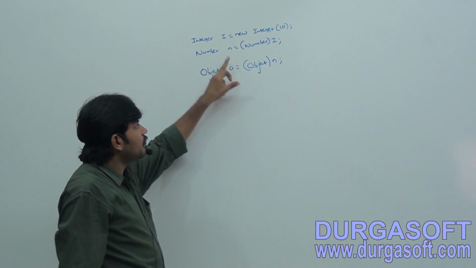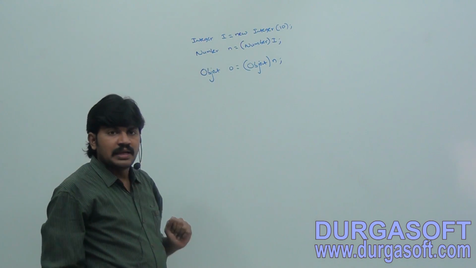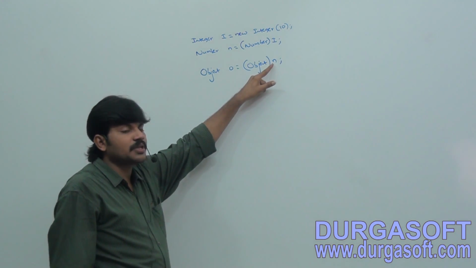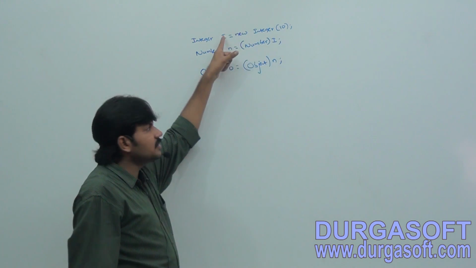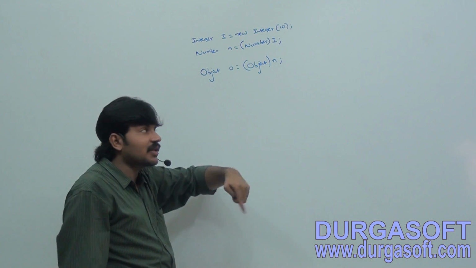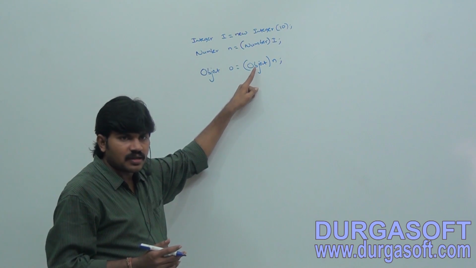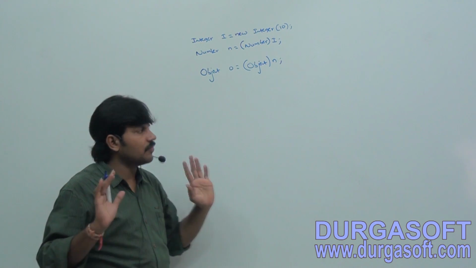Number type. Number and Object: parent to child. Object same. Internal runtime object type of n: n is pointing to i, and i is nothing but Integer. The runtime object type of n is always Integer. Integer is the child class of Object or not? Yes. That's why this typecasting is also acceptable.